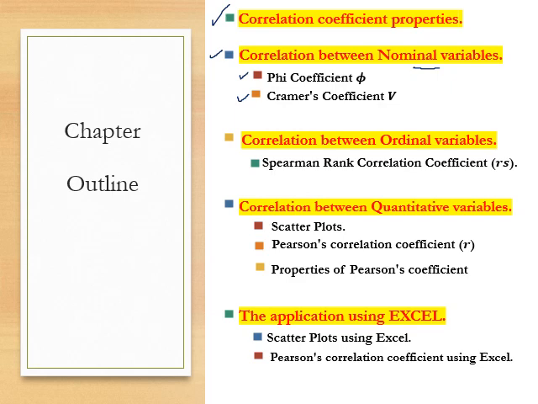In ordinal variables, we use the Spearman rank correlation coefficient RS. In quantitative variables, we use Pearson's correlation coefficient R. And we must know the graph of the scatter plot and how you can use it to determine the type of relation between two variables, the strength and the direction of the relationship.